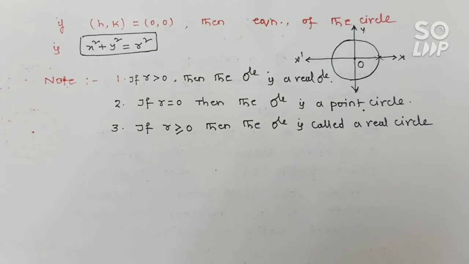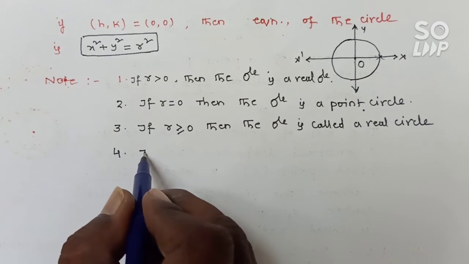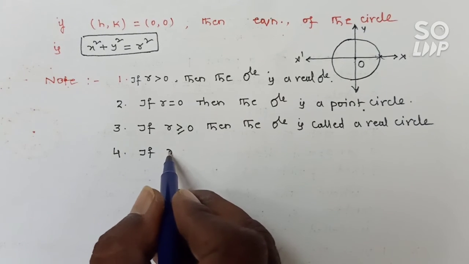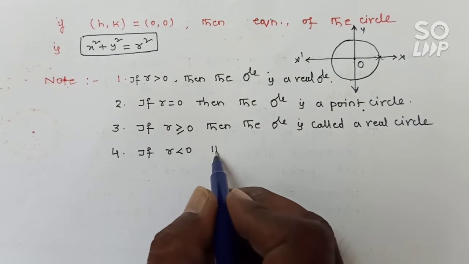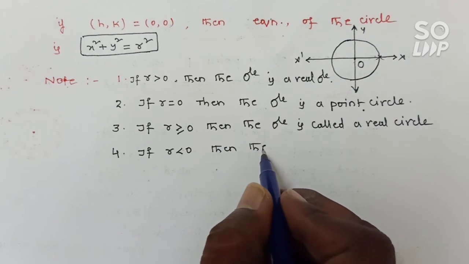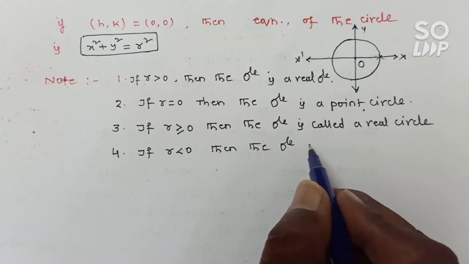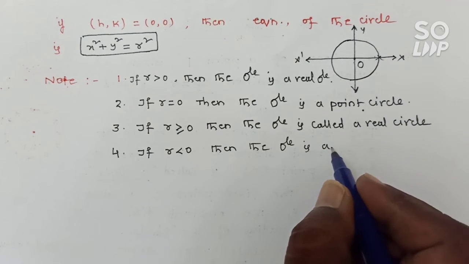Okay, right. Next, another point. If r is less than 0, then the circle is imaginary.